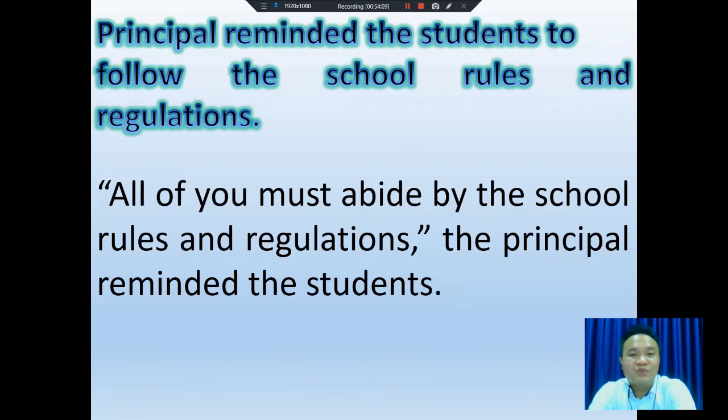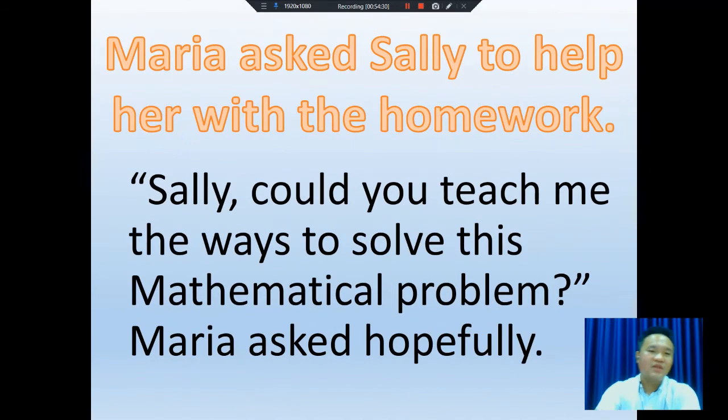All right, next one: the principal reminded the students to follow the school rules and regulations. "All of you must abide by the school rules and regulations," the principal reminded the students. Okay, so this is a principal giving advice to the students, so you can transform it into a dialogue. Now next, Maria asks Sally to help her with the homework.